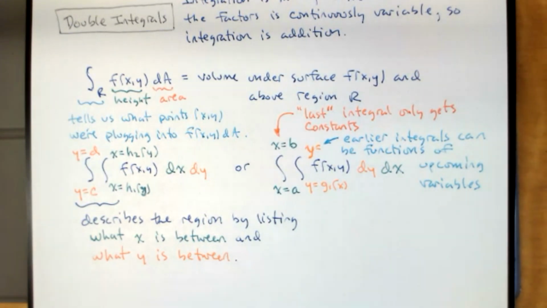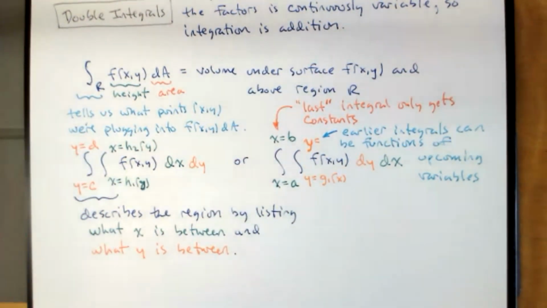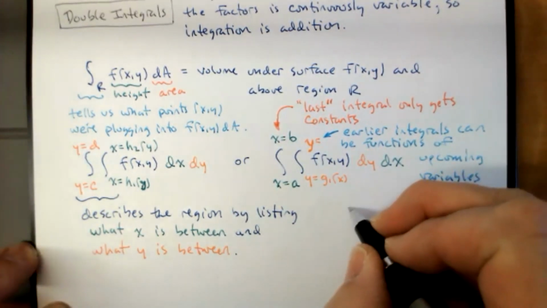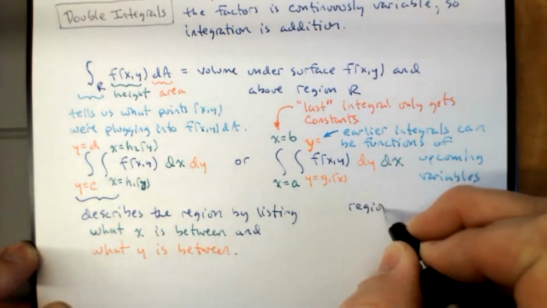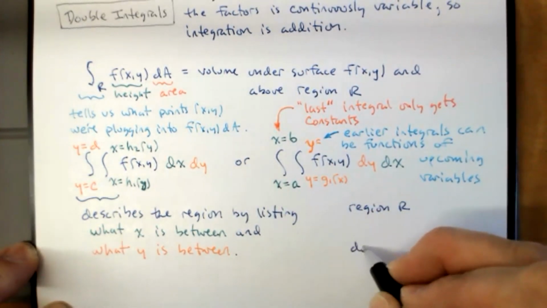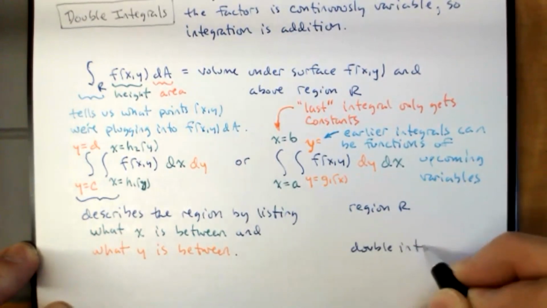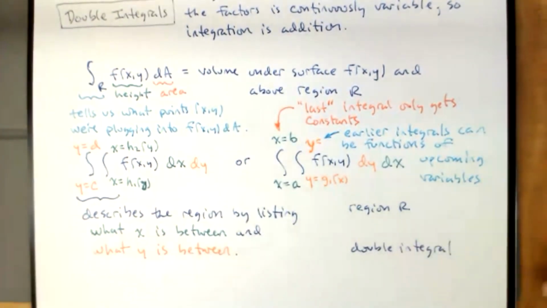Now what we need to do is look at a region and describe it with a double integral. Then we have to look at a double integral and describe the region. So the connection that we're making is between a region and the double integral, and we have to be able to go back and forth between these two.